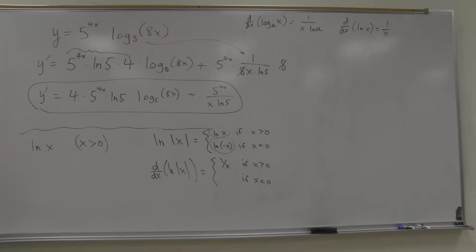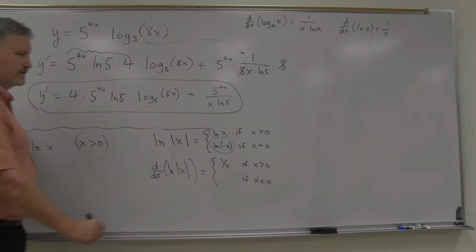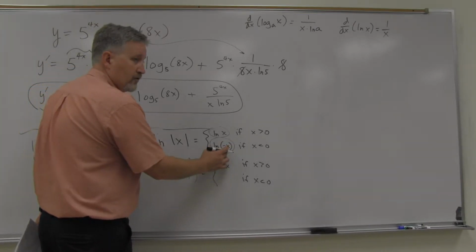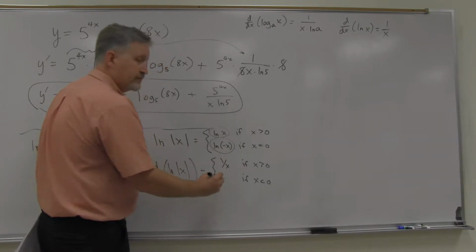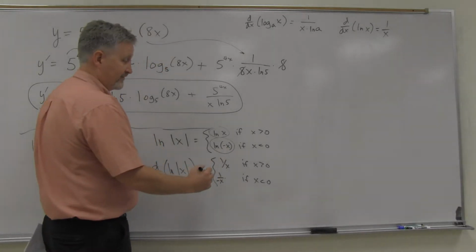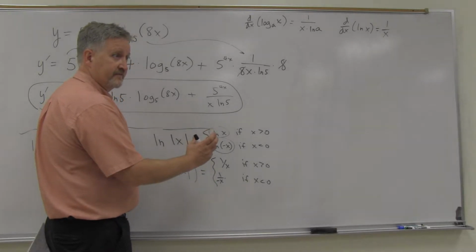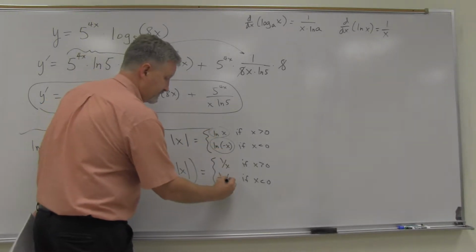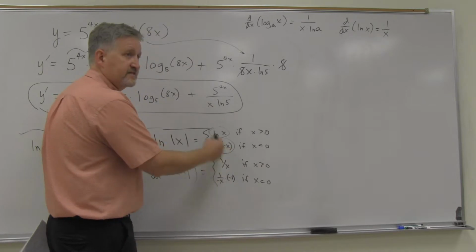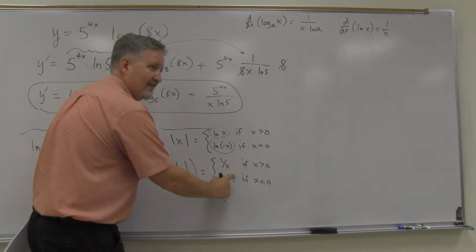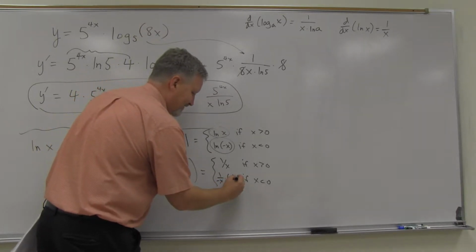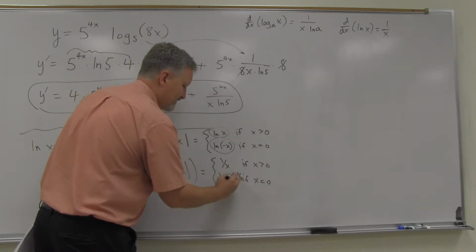What would the derivative of that be? Well, it would be 1 over negative x times what else, though? This is a chain rule, isn't it? Times negative 1, the derivative of the inside. What is that, though? 1 over x.